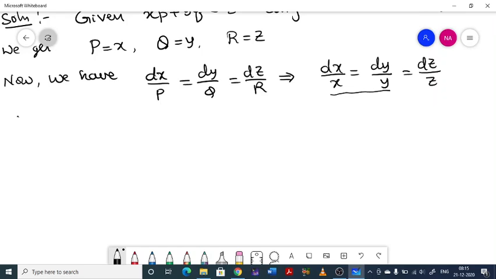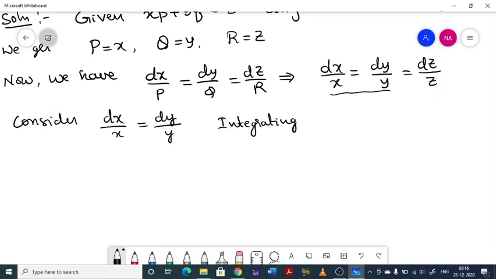You can easily solve this one. So considering the first pair, dx by x equal to dy by y. Variables are separated there only, no problem. Integrating, I'll get integral of dx by x equal to integral of dy by y plus the constant c1.